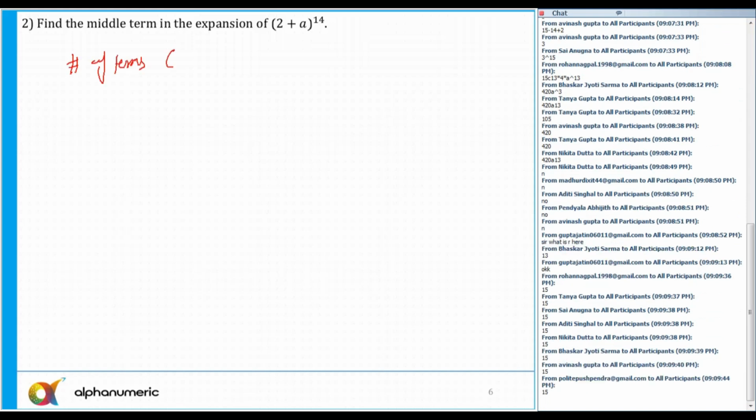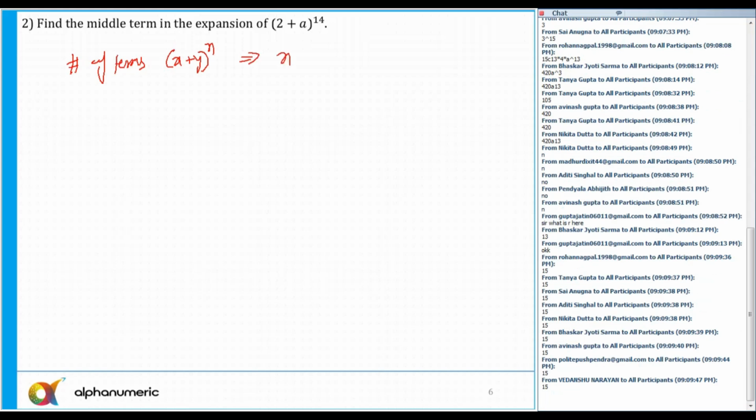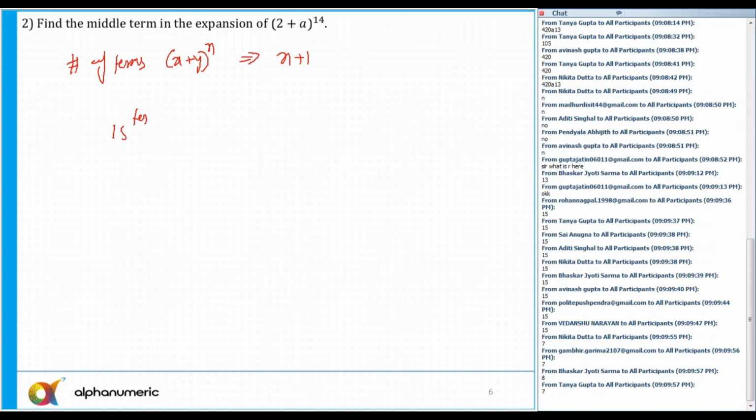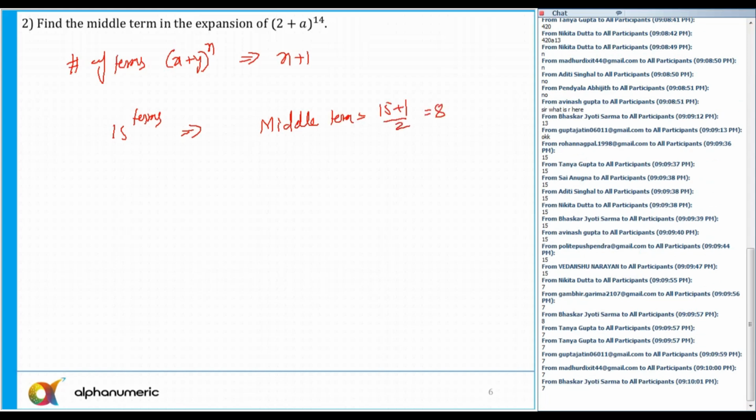The number of terms in x plus y raised to power n is always equal to n plus 1, isn't it? So there are 15 terms. And if there are 15 terms, which is the middle term? Whether it will be 7th or 8th term? Yes. So if there are a total of 15 terms, the middle term is equal to 15 plus 1 by 2, that is 8. So the 8th term is the middle term.